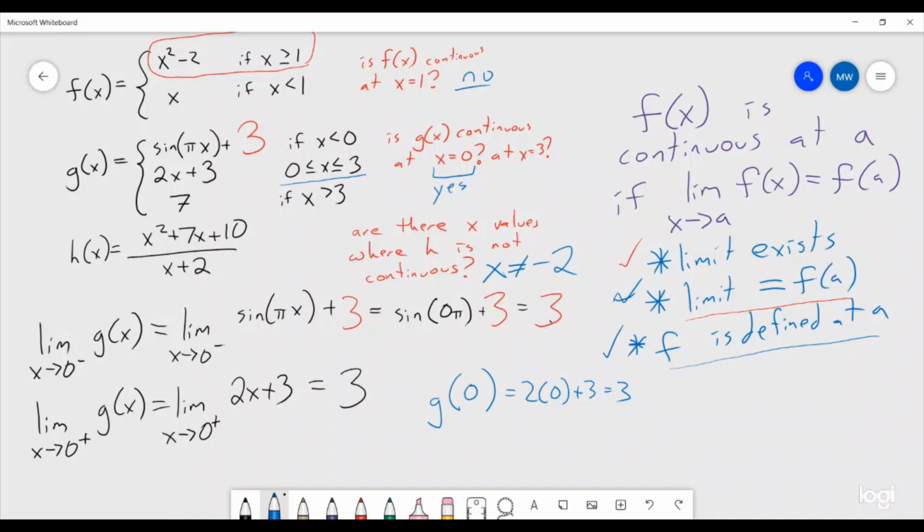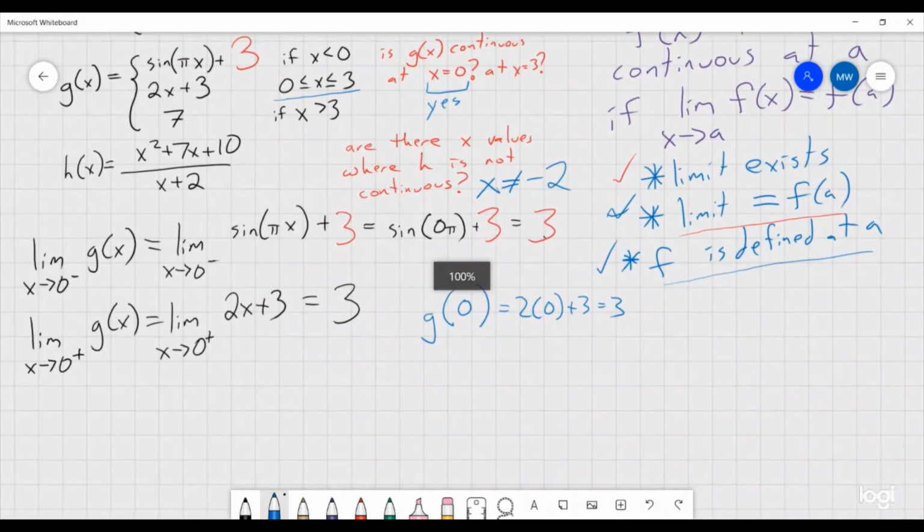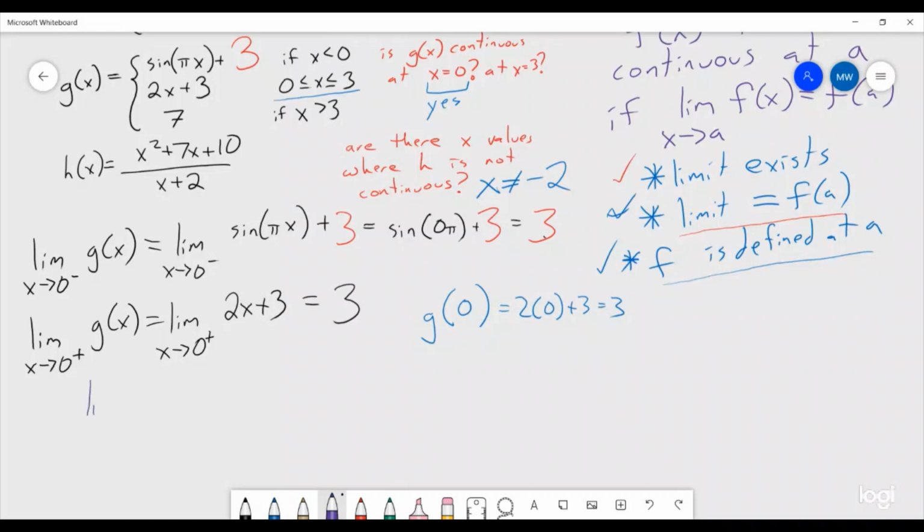Now if you were to check at 3, the limit is going to be doing different things again. So we would have the limit as x gets close to 3 from the left-hand side of g of x.